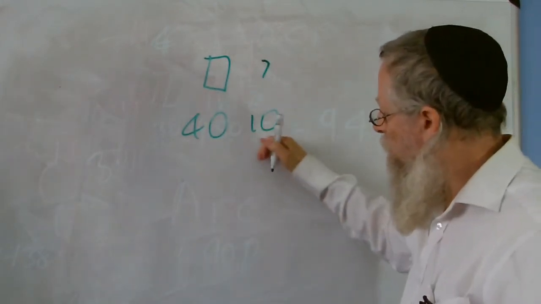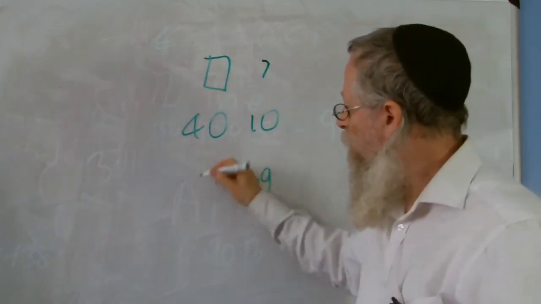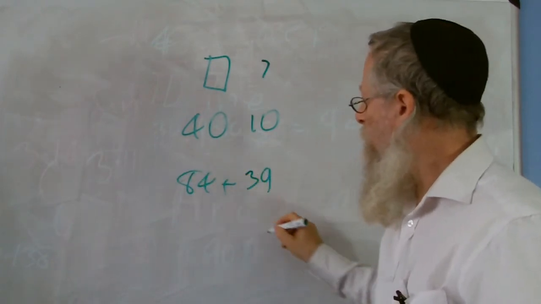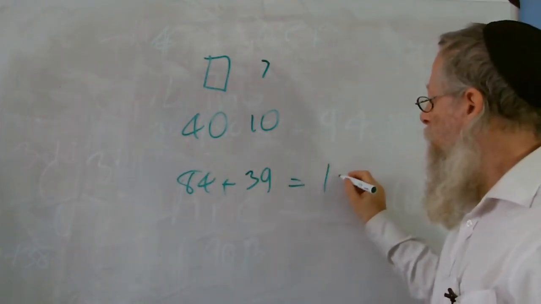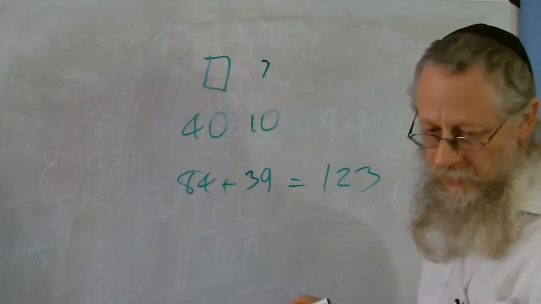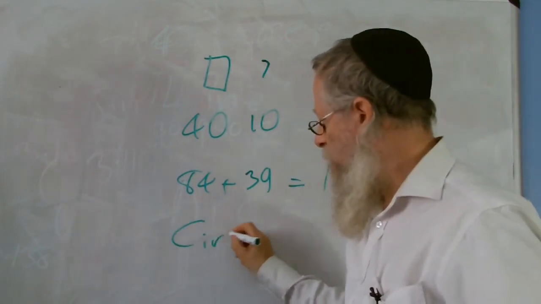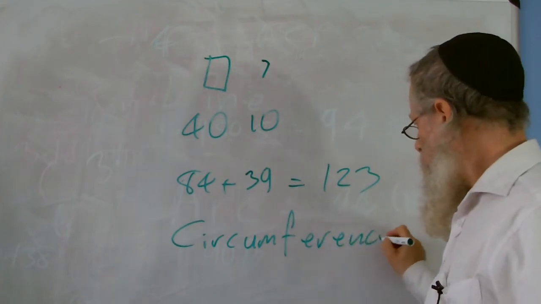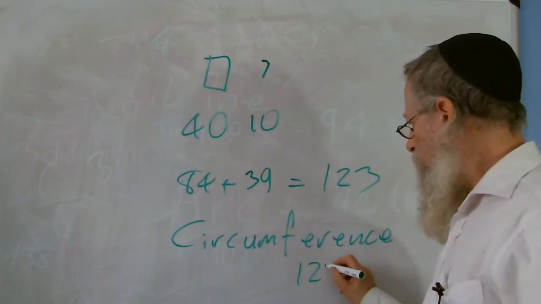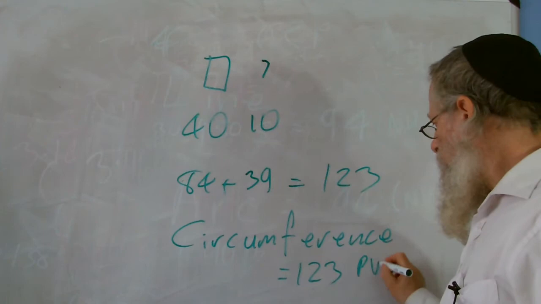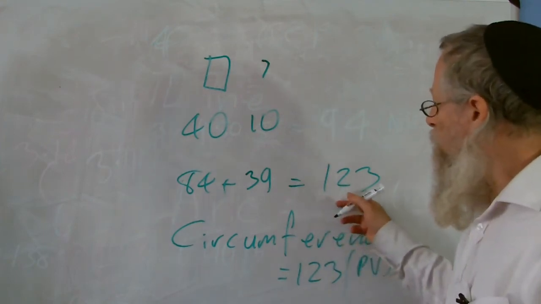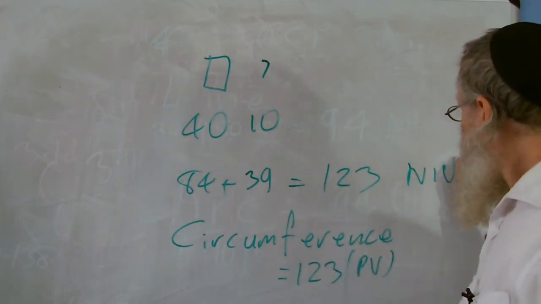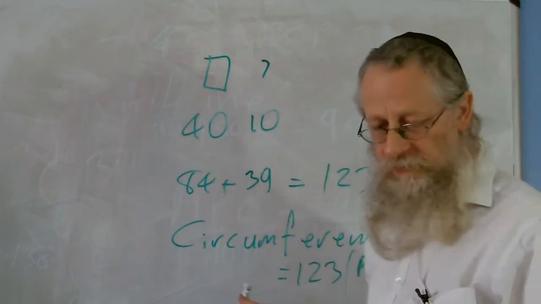So the word 10 is 39 and 40 is 84. I add those together, and I will get 123. And that is the same as circumference. Circumference in placement values is 123 PV. Okay, that's using the normal inner value. So we see there's a connection between yam and circumference.